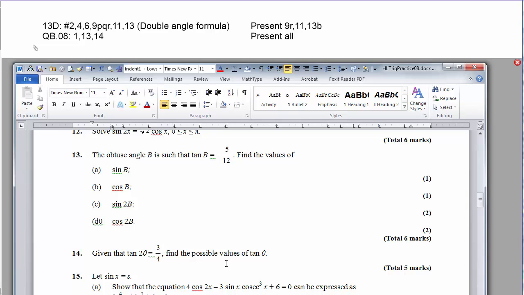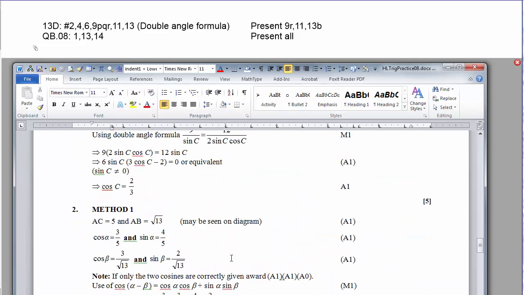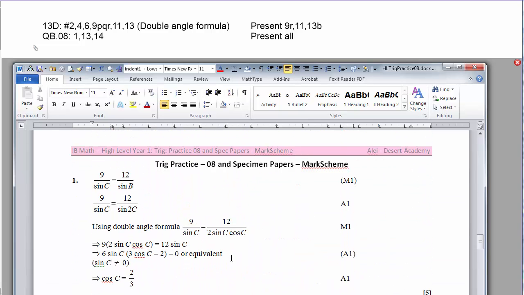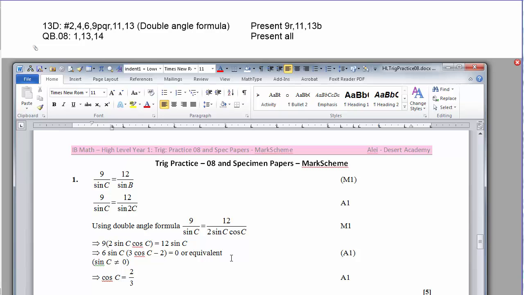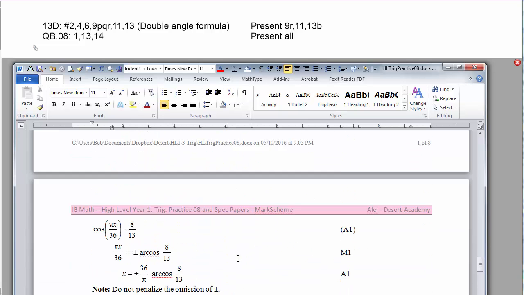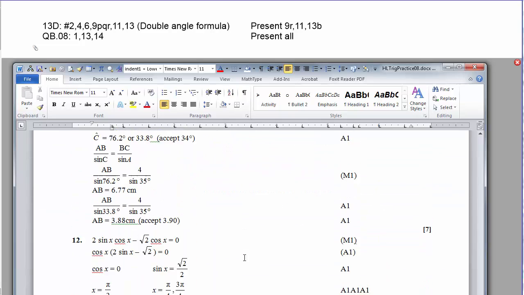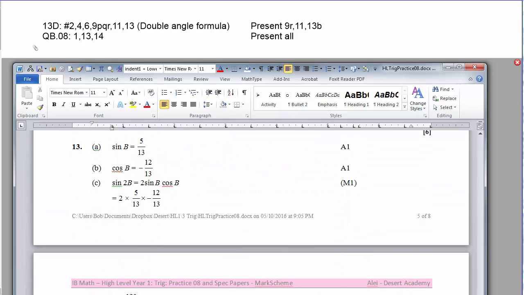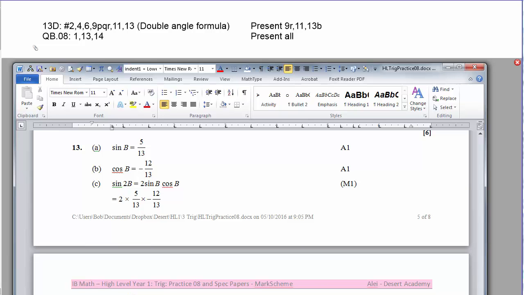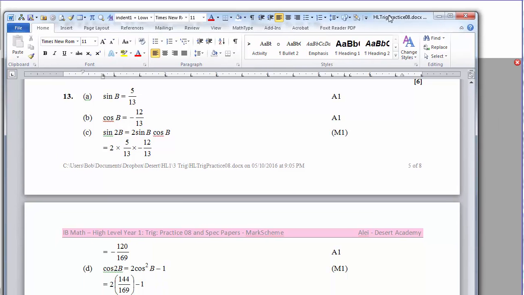And I'll scroll down now to the mark schemes for those. So there's the mark scheme for number 1. Pause it if you like. And mark scheme for number 13 is here. Whoops. You can't see quite the whole thing. Let me see if I can bring it up.